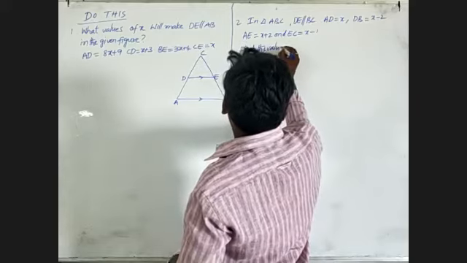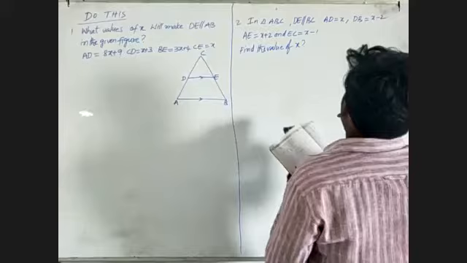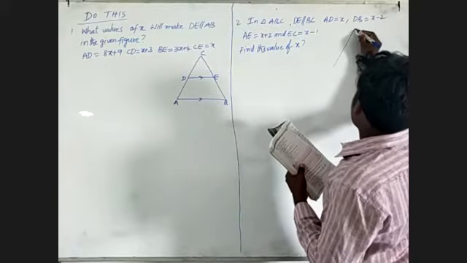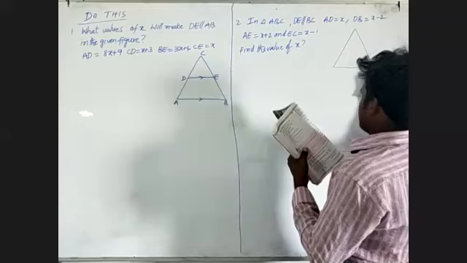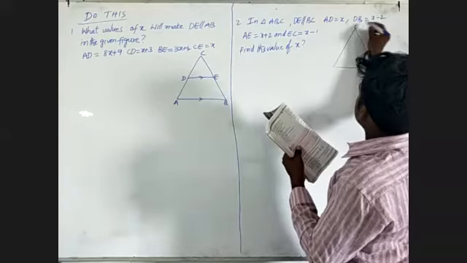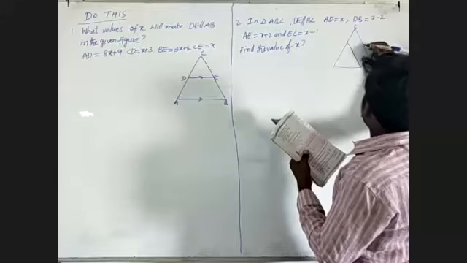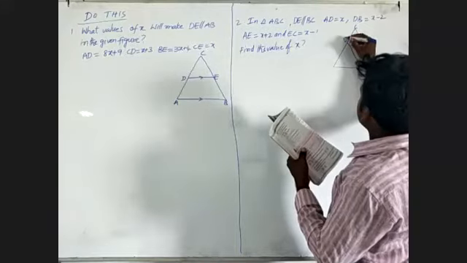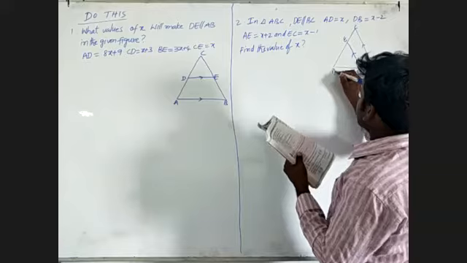Find the value of x. This is the given figure. This is C, this is B. This will be the parallel line, name it as E, D, A.